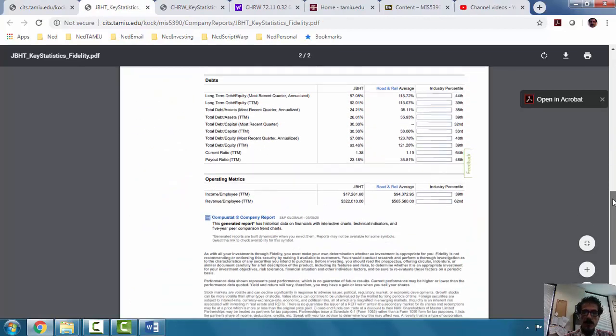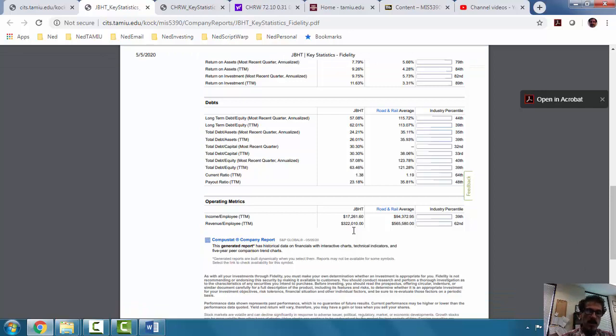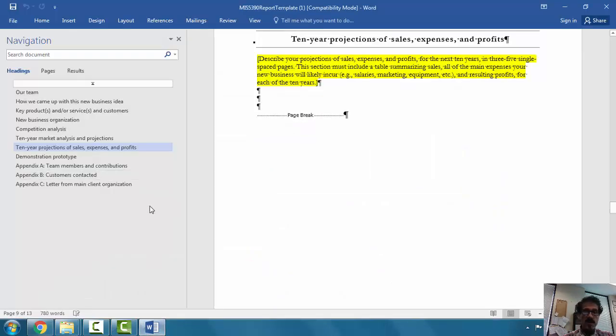So you see, JB Hunt's revenues per employee will be $322,000. So you should expect to have something in between, but don't expect to have more than $1 million in revenues per employee.